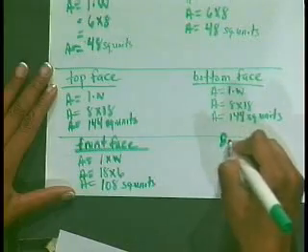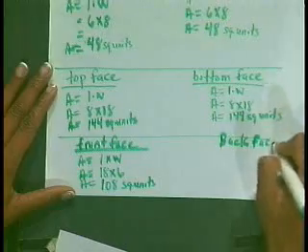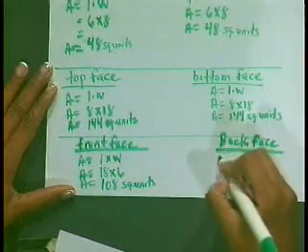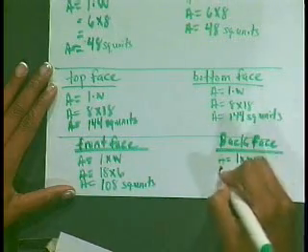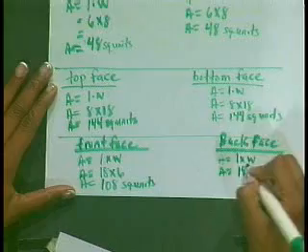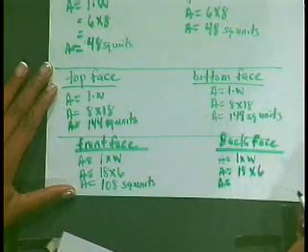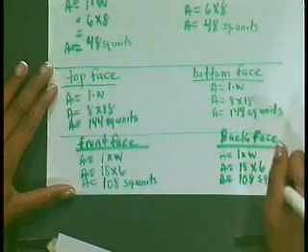So again, for the back face, area equals length times width. Area equals 18 times 6. So the area of the back face is 108 square units.